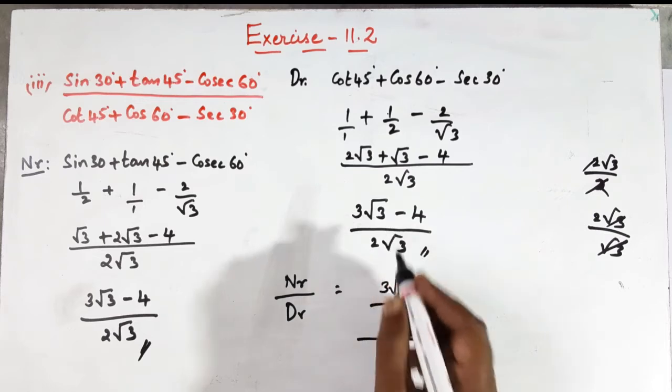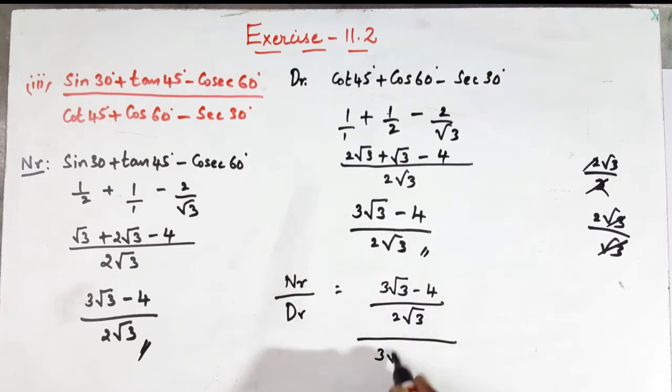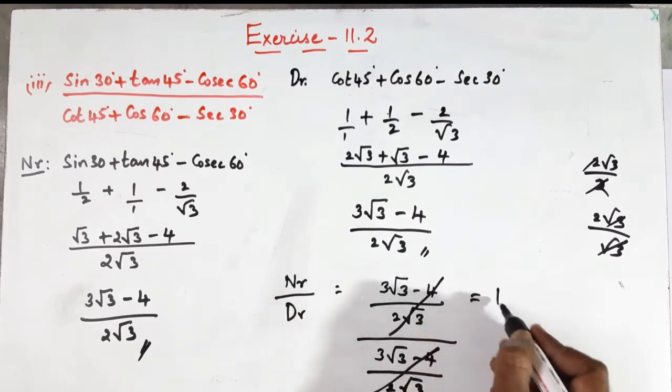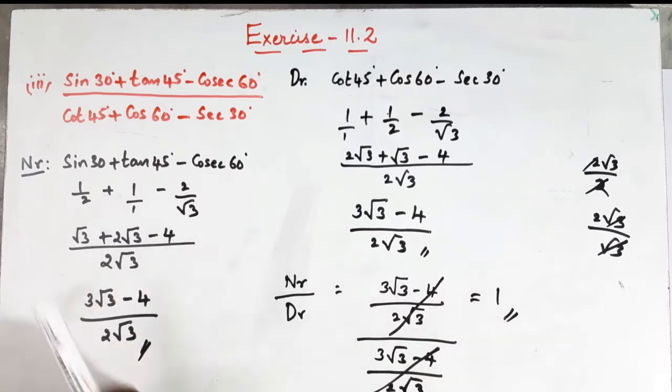Similarly the denominator is 3 root 3 minus 4 by 2 root 3. Same values, so it is equal to 1. So the solution for the given problem is 1. We just have to memorize the trigonometric value table so that you can easily substitute the values here.